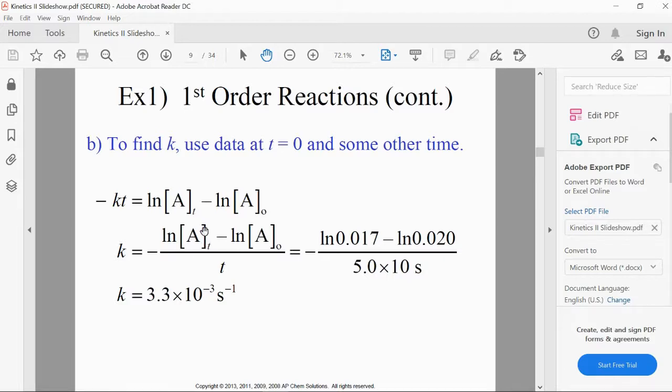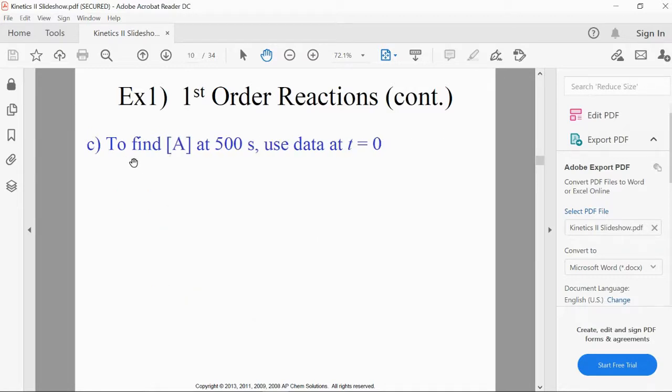I'm going to go back to that data table and I'm going to pick one of the values that was provided to me and plug it in there. And then I'm going to pick whatever the initial concentration was and plug it in for [A]0, or initial concentration, and then just solve and simplify. And we find that k equals 3.3 times 10 to the negative 3, s to the minus 1.